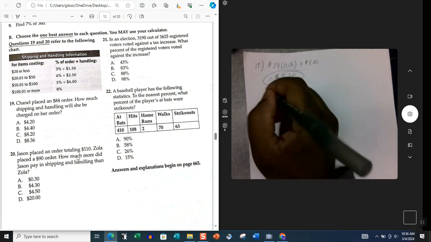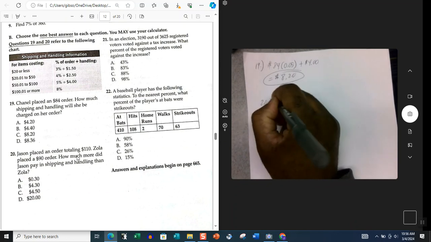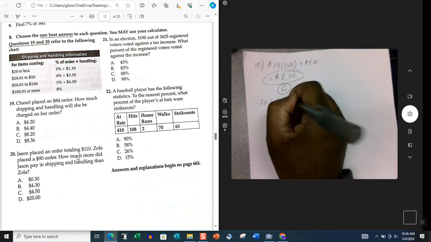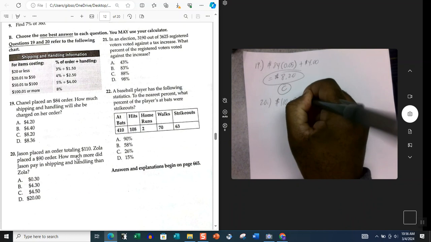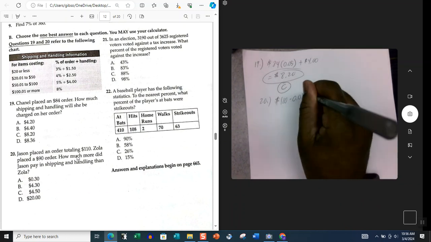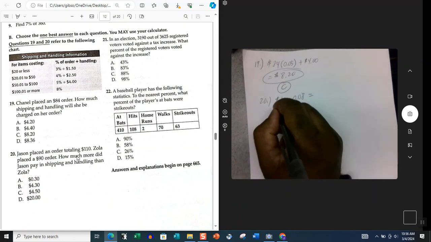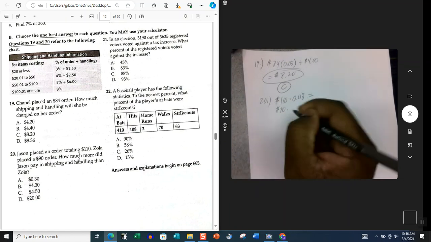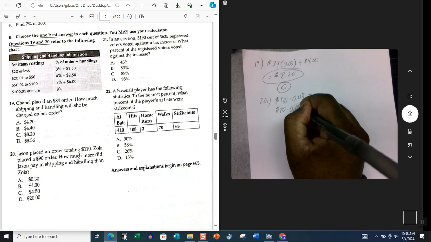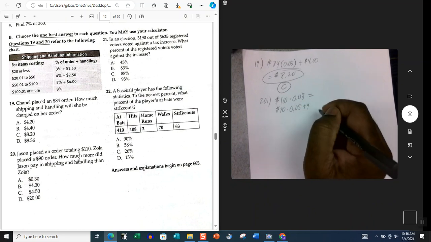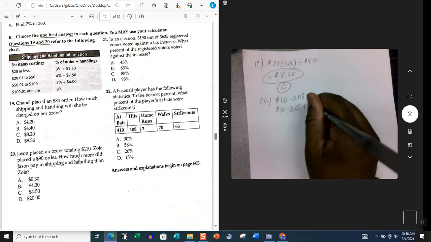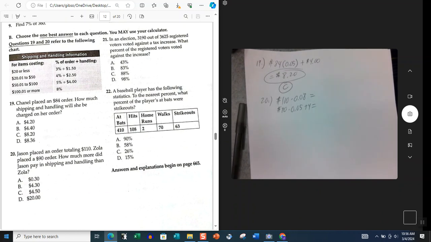So Jason, we would take the 110 times 0.08 and get that value. Zola will be the $90 times the 0.05 plus the $4. And then we will subtract their answers.